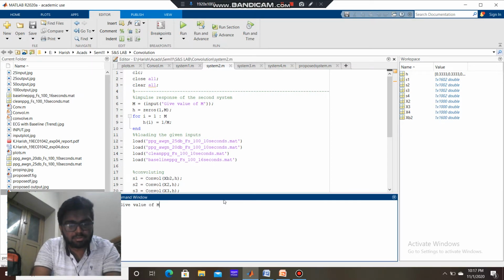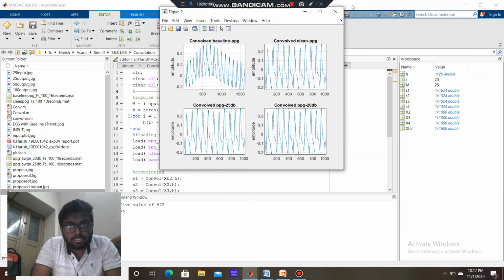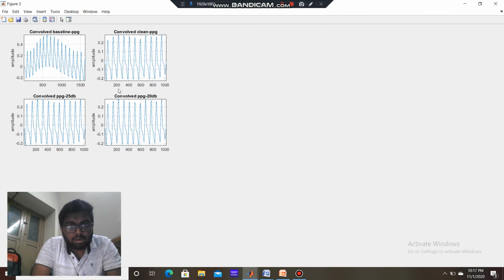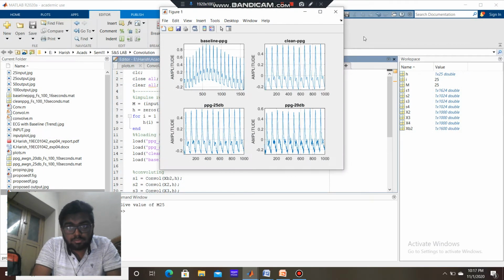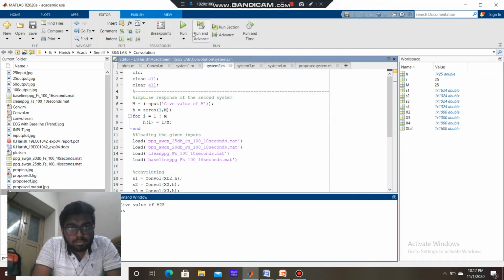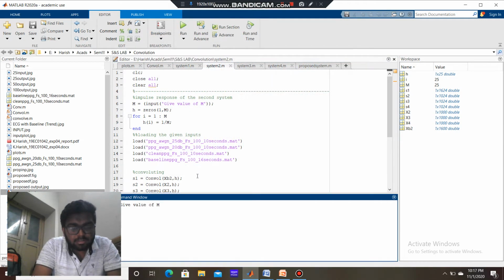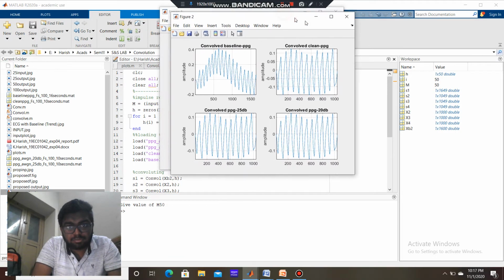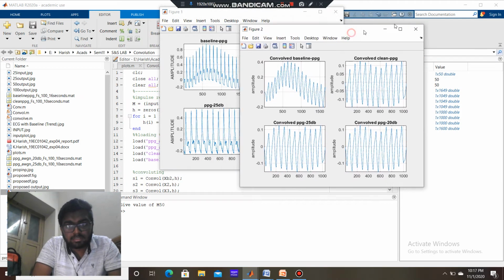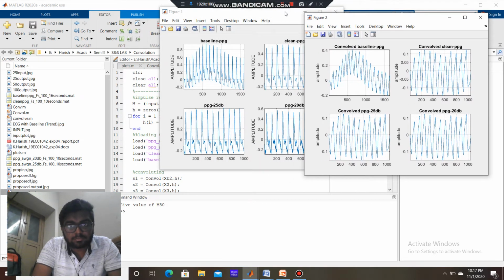First we give the value of m as 25. We can see the convolved output for m equals 25. Now if we run again for m equals 50, we can see the output for m equals 50.